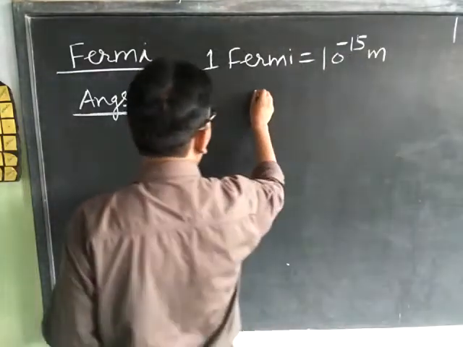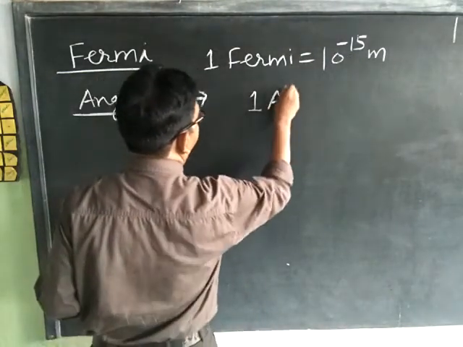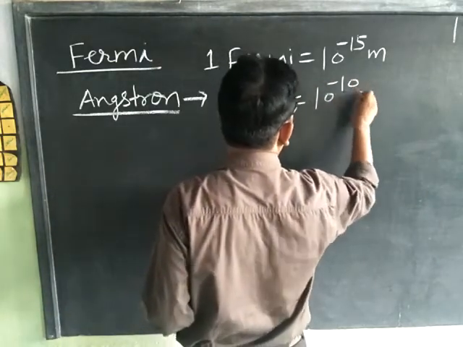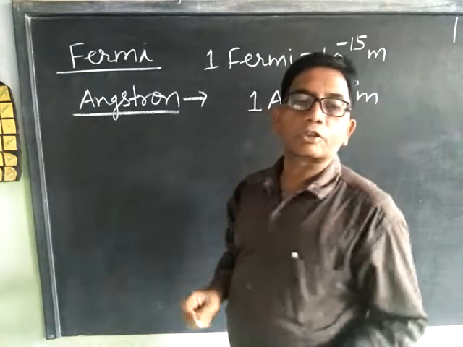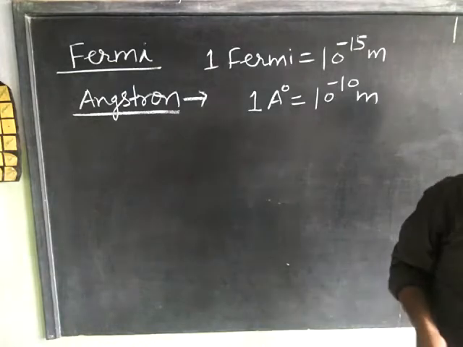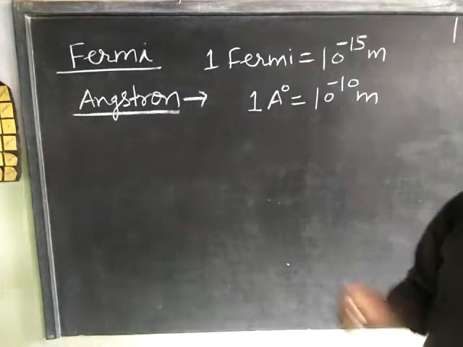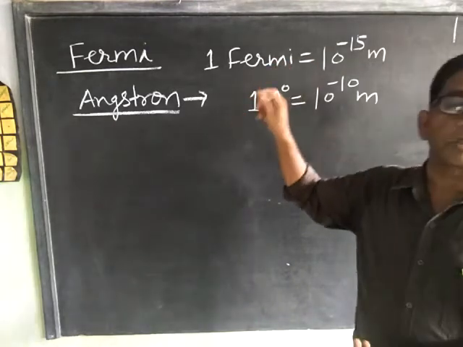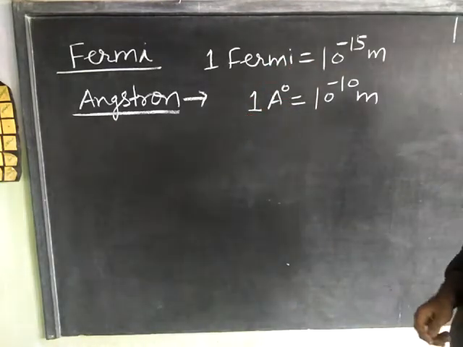One angstrom is equal to 10 power minus 10 meter. We have already studied that it is used to express the wavelength of light.